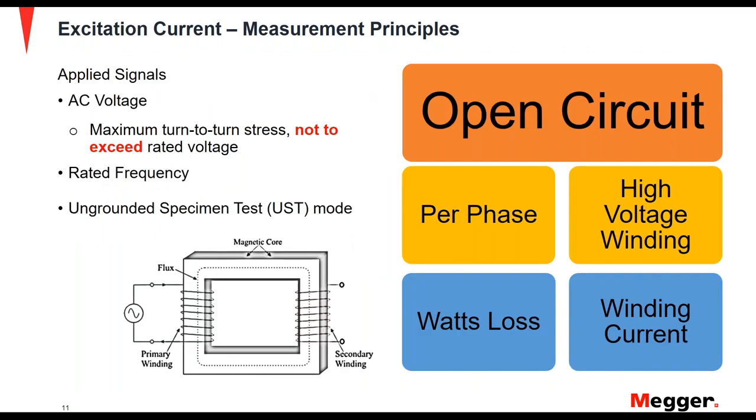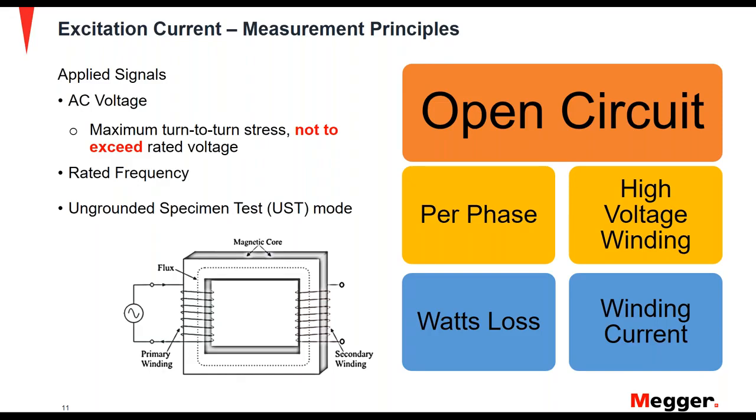So let's look at some more details on the test. What kind of signals are applied? We apply an AC signal, and we apply that signal such that maximum stress is induced on a turn-to-turn basis. However, this stress should not exceed the stress the turns would face during rated conditions. So this stress should not exceed the rated voltage. Transformer action works in a way that every turn of the primary and the secondary winding generates a voltage.